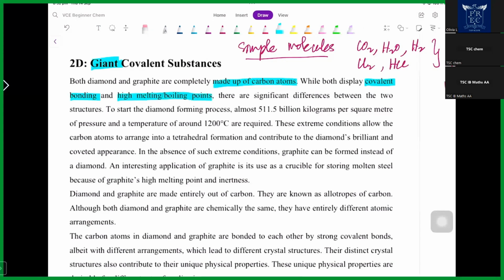I would say that generally diamond has a melting point of about 3000 degrees Celsius, which is pretty high. So why is it so?